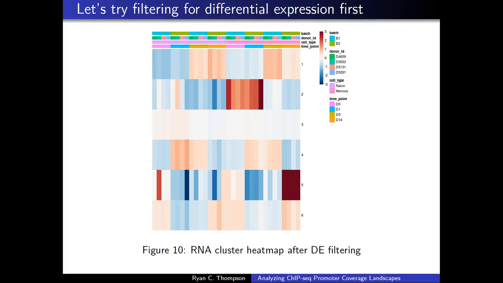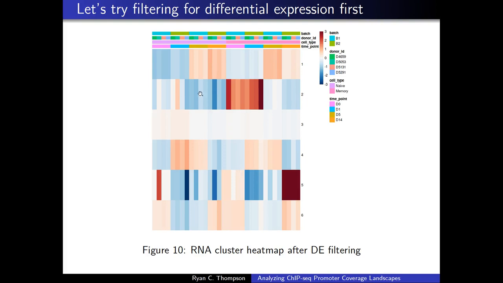So the next thing I tried was, instead of taking all genes and clustering them, I said, what if we only pick the genes that have a significant differential expression between naive and memory at at least 1 time point? You can see the results of that here. Again, you can see a lot of the same, where there's a bunch of clusters that are down at 2 time points and up at 2 other time points.